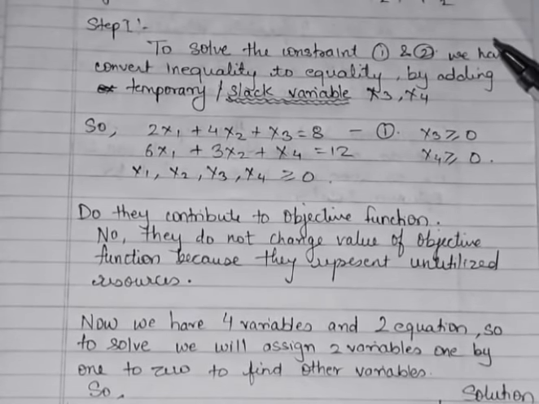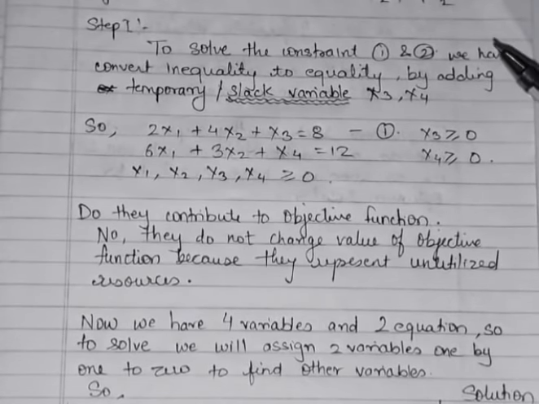So x3 and x4 are unutilized resources, and in an optimum solution we will not have any unutilized resources. That's why they are not going to take part in the objective function, so I have assigned a coefficient of 0, right?